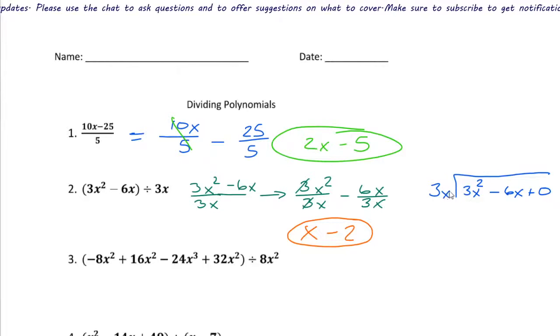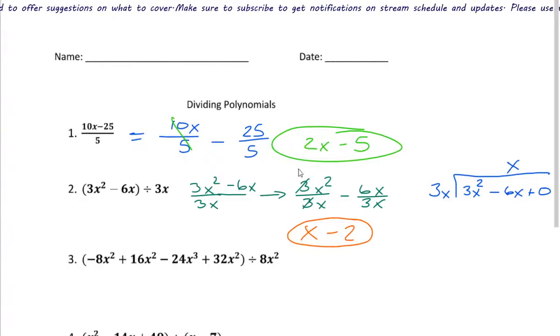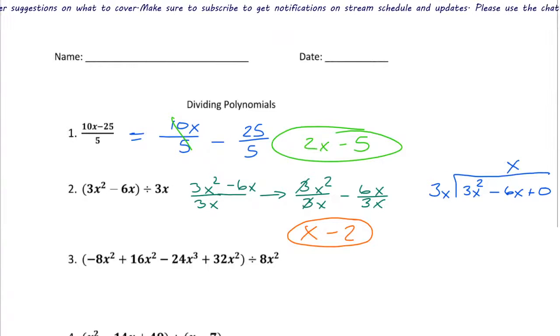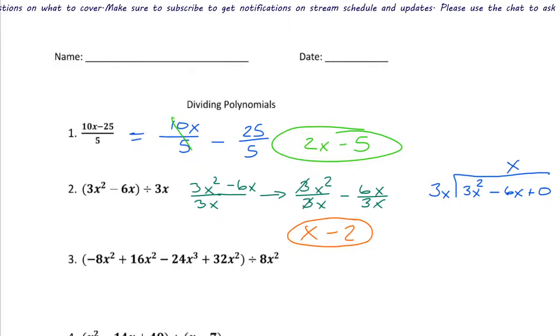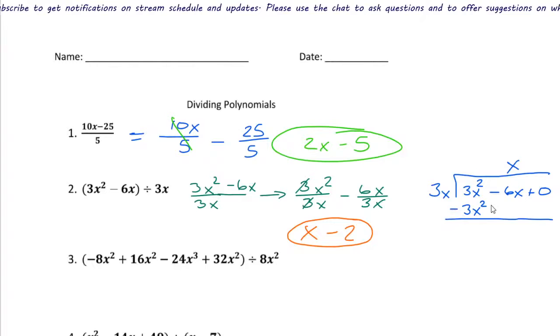Okay, and now if we're going to turn 3x into 3x squared, what do we need to multiply by? Multiply by x, so notice I'm putting it above the same degree. So x times 3x is going to be 3x squared. I'm going to subtract that.